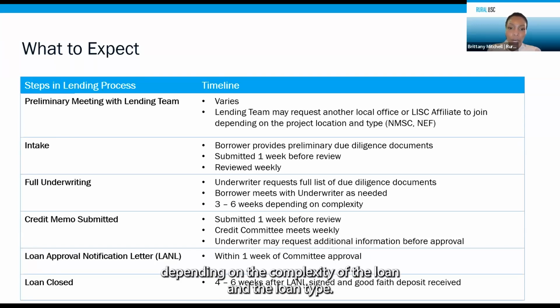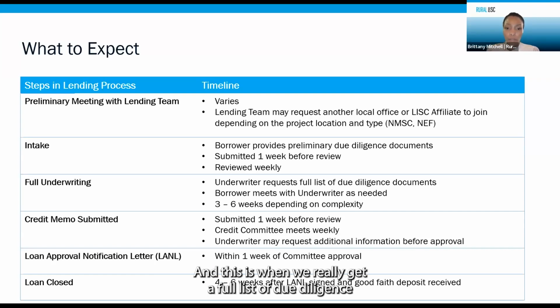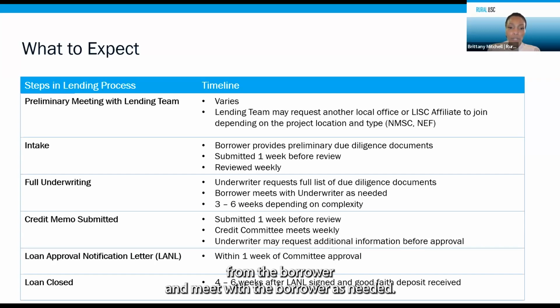And this is when we really get a full list of due diligence from the borrower and meet with the borrower as needed as questions arise throughout the underwriting process. Then, similarly to the intake process, once that underwriting is complete, we submit what we call a request for program action.